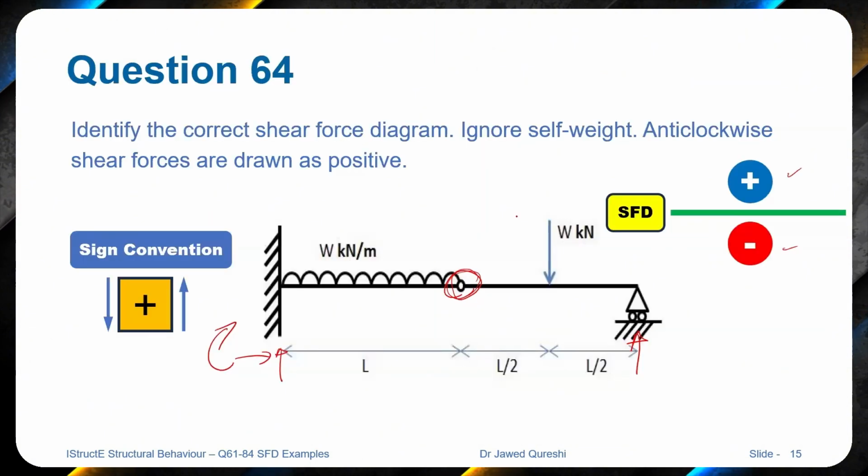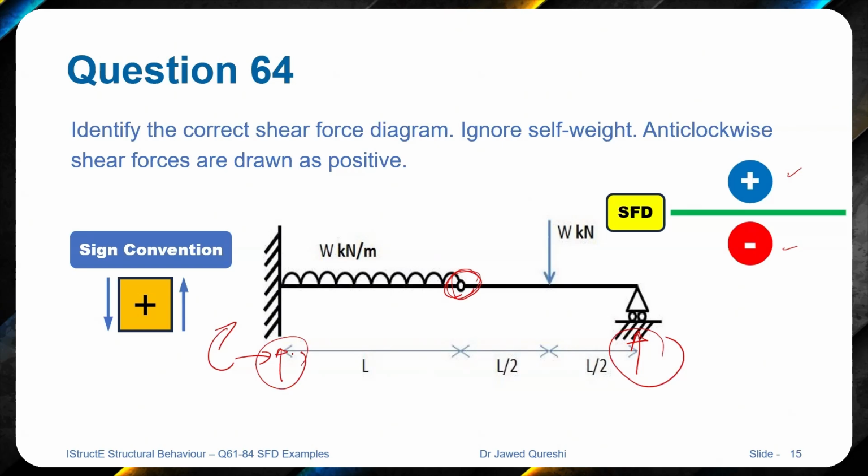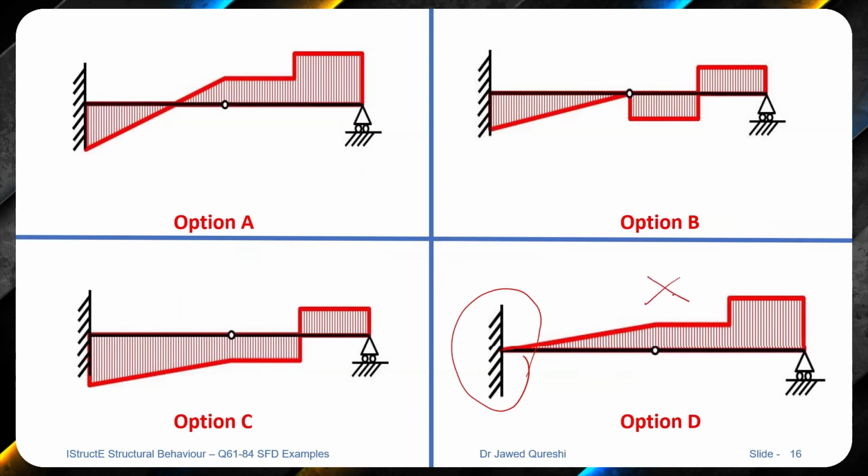If you have a look over here, we have 2 supports, and at these 2 supports, when loading is applied downwards, these reactions have to be upwards. So 0 reaction is not a possibility, so we can discard this option. For the others, it's difficult to say which option is correct unless we do some simple calculations. So let us do some simple calculations to find out which option is correct here.